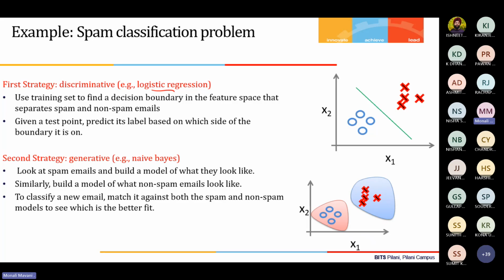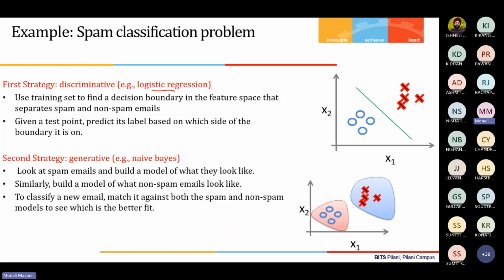Manually somebody has labeled this as a spam email and this as a non-spam email. Then from those emails, some features are constructed, some feature engineering happens, and we get very structured data in the form of rows and columns. Then we can use logistic regression or any other discriminative algorithm, which will give us a decision boundary.